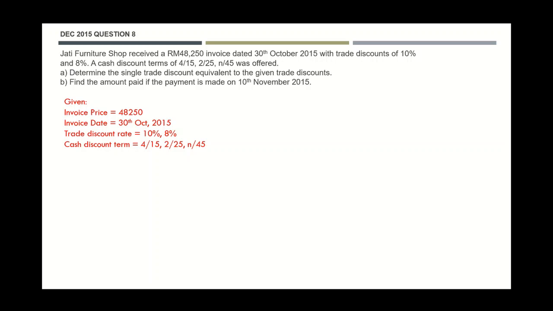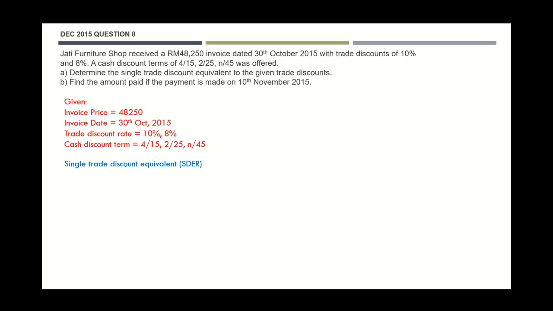So how do we solve the first problem? The first problem asks you to determine the single discount equivalent rate, SDER, or sometimes we just call it the single equivalent discount rate, SEDR. So both mean the same thing.